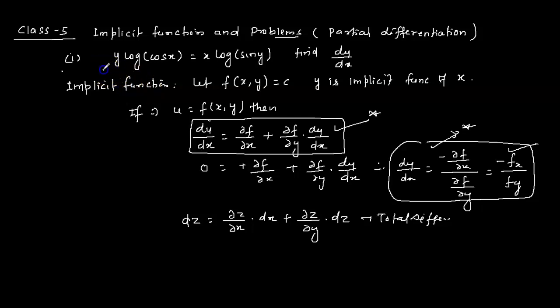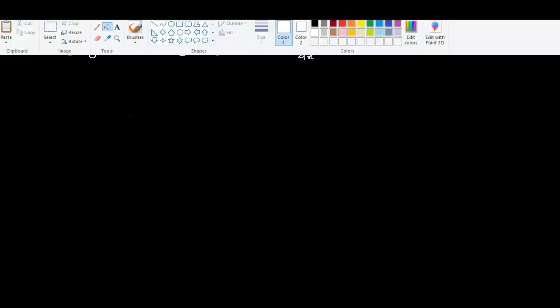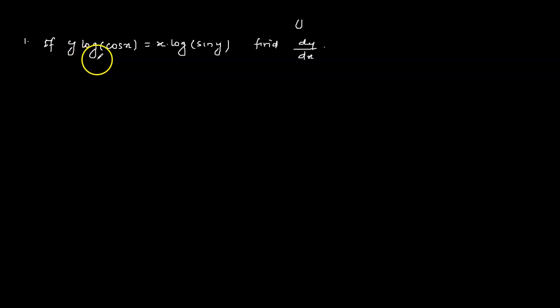So let's start the questions. The first question is given: y times log of cos of x is equal to x times log of sine of y. So we can bring this to one side and write it as a function f is equal to y log of cos of x minus x log of sine of y.